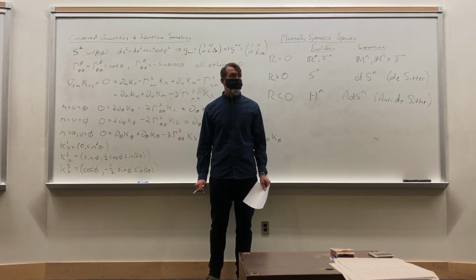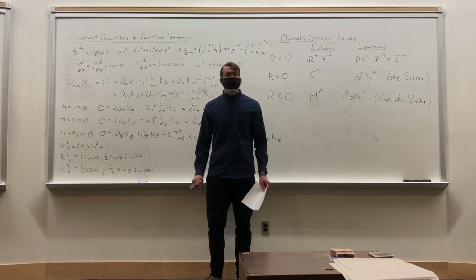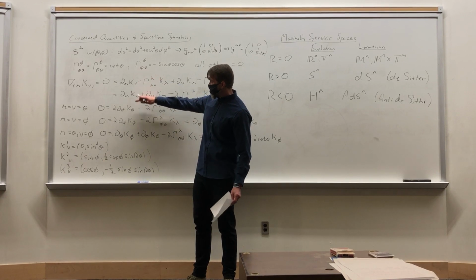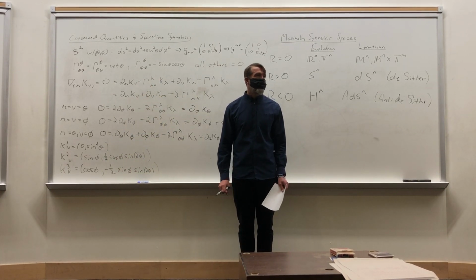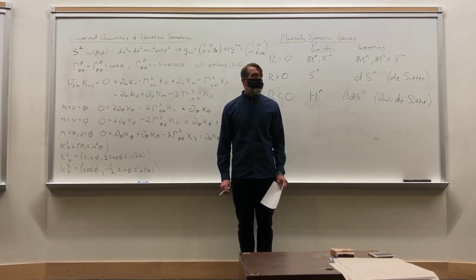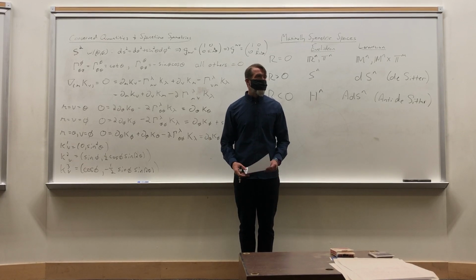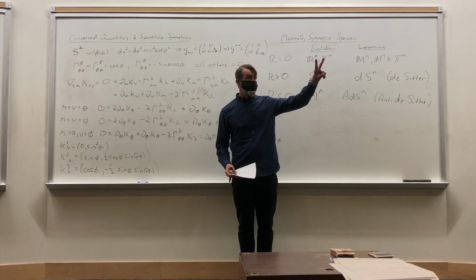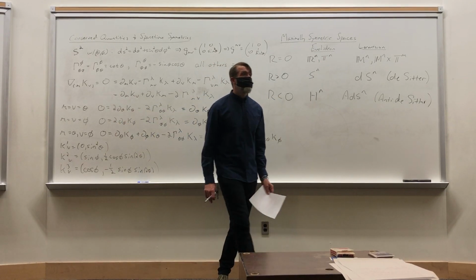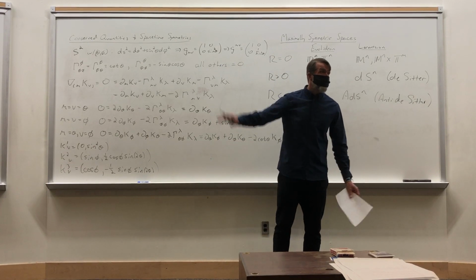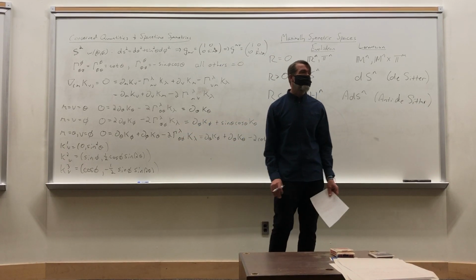Okay? I don't want you to match this number with this number. That's not necessarily true. If this were a non-maximally symmetric space and it only had 2 conserved quantities, you would get 2 solutions to these 3 equations. So don't take 3 to mean 3. I mean, you can't have more than 3, obviously.